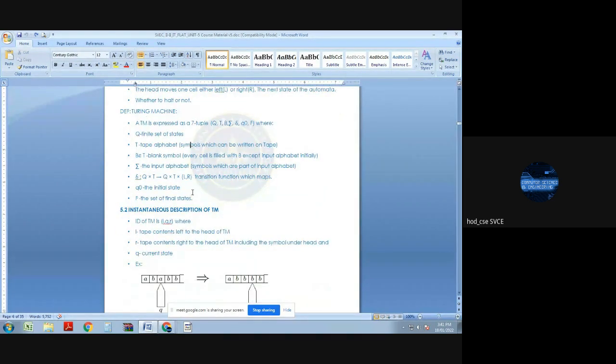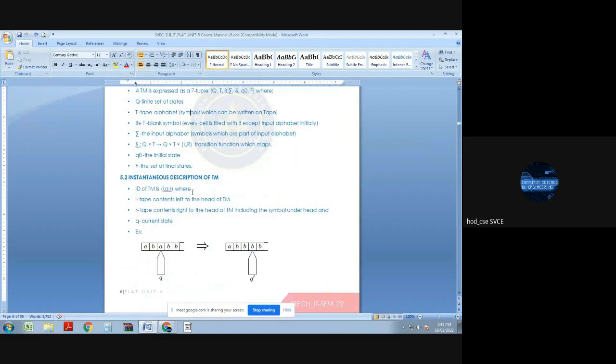Okay, the instantaneous description, that is nothing but the ID of a Turing machine. The present state will take some input, that is Q comma A. After that, what is the output from this instantaneous description?